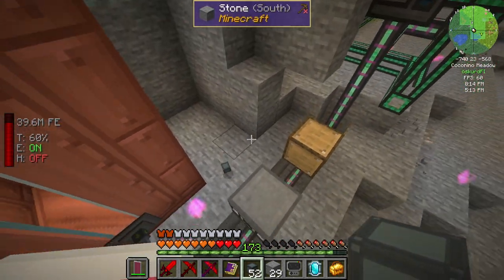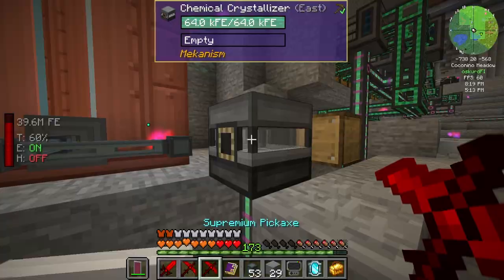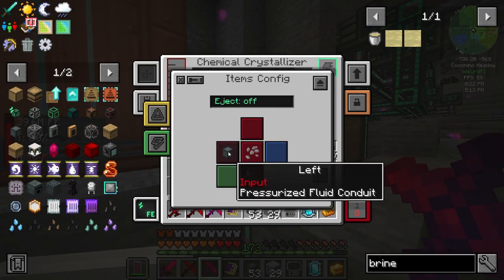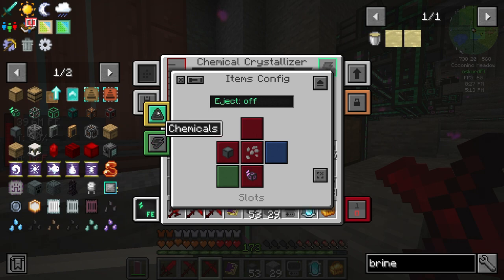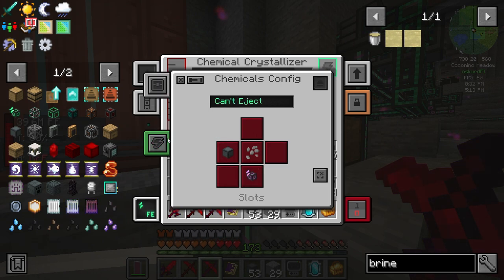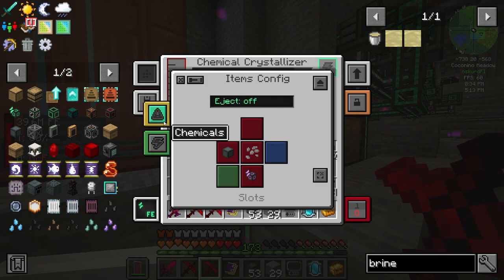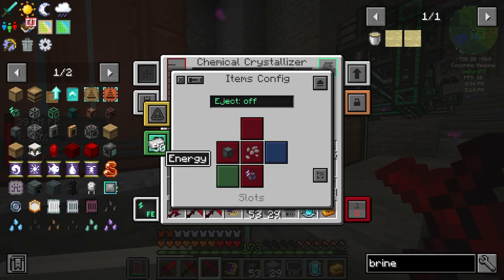Like so. Wait, you don't have input set. That's why you don't connect, right? Oh, wait, this item. Chemicals. It's input. You must be kidding me. Wait, what? Where the hell did this come from? Put it back there.